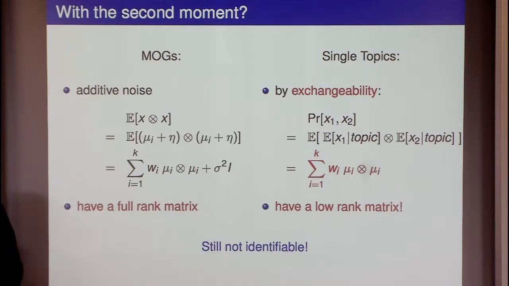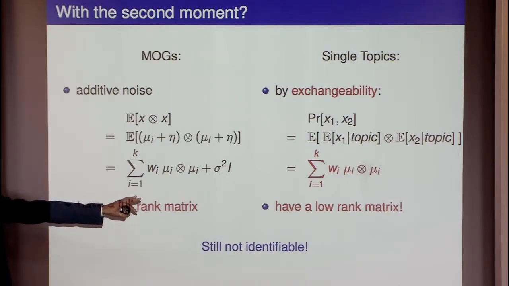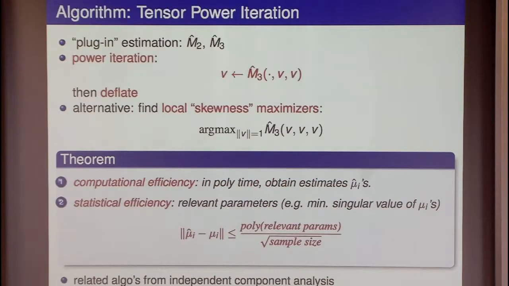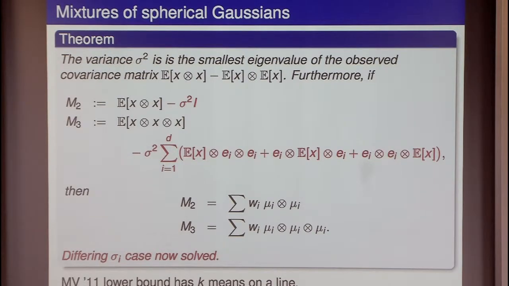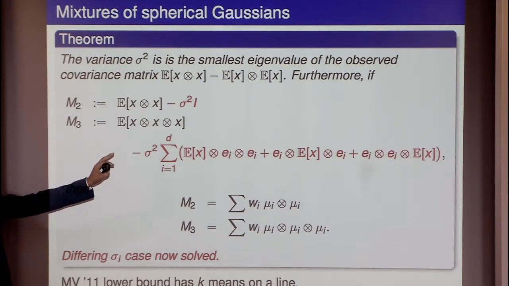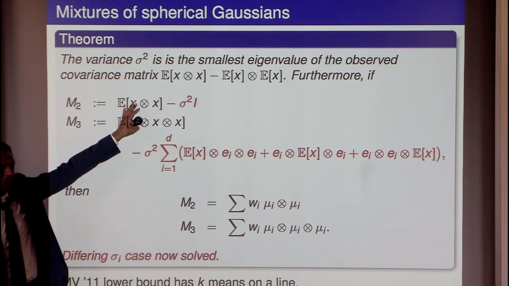But basically this is the right idea. So here's the reduction for the mixture of spherical Gaussians when the spherical variances are all the same: grab sigma squared as the minimal eigenvalue and subtract it out of the second moment.